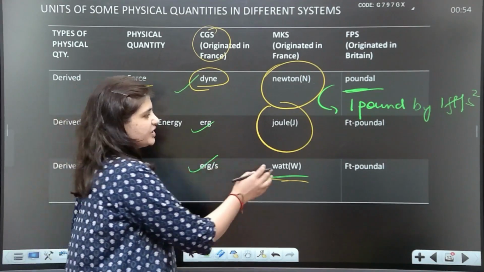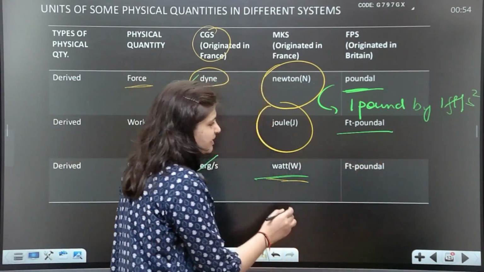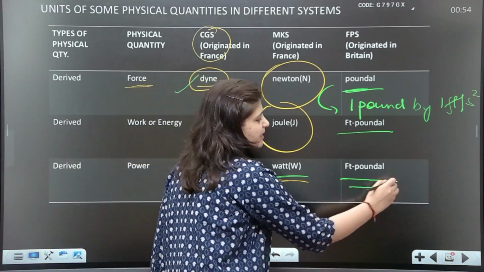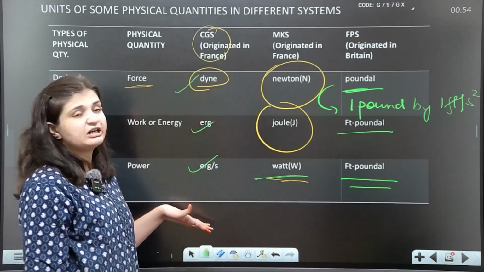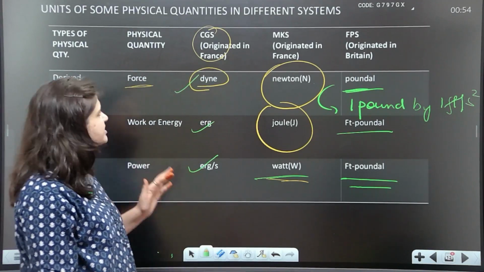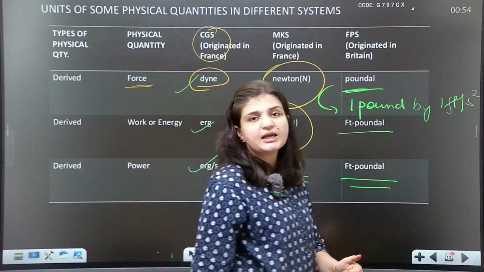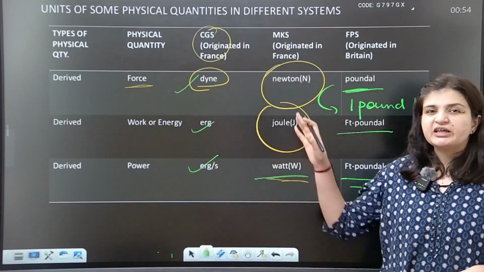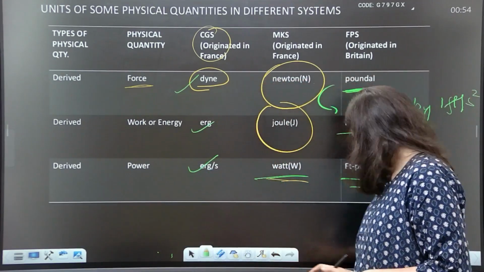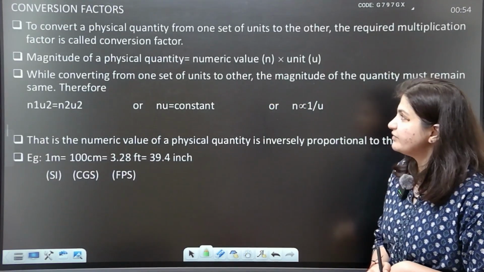For work and energy, we have the foot-poundal, and similarly for power. So this is all about the various units in various systems.